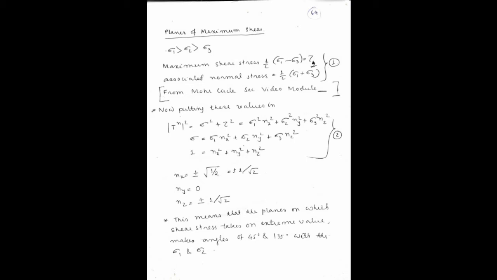This is the main thing we have learned here. In the figure you can see the principal planes and the planes of maximum shear, and these planes are making 45 degrees and 135 degrees with the principal axes, that is sigma 1, sigma 2, sigma 3.